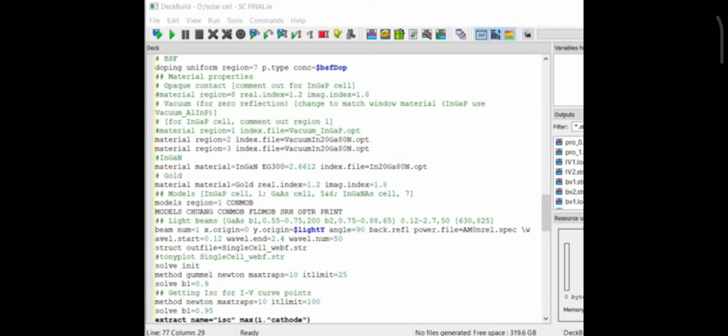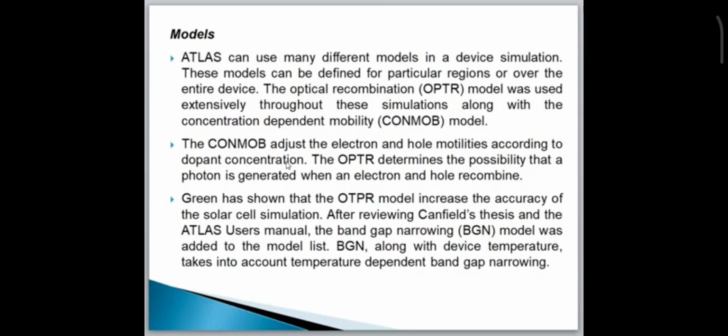After defining the new material statement, I have defined the different models used in the solar cell. Atlas can use many different models in a device simulation. These models can be defined for particular regions or over the entire device.